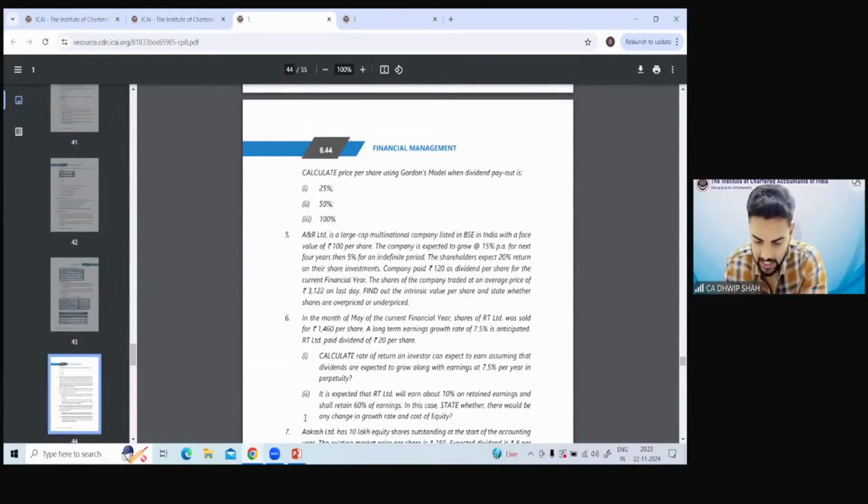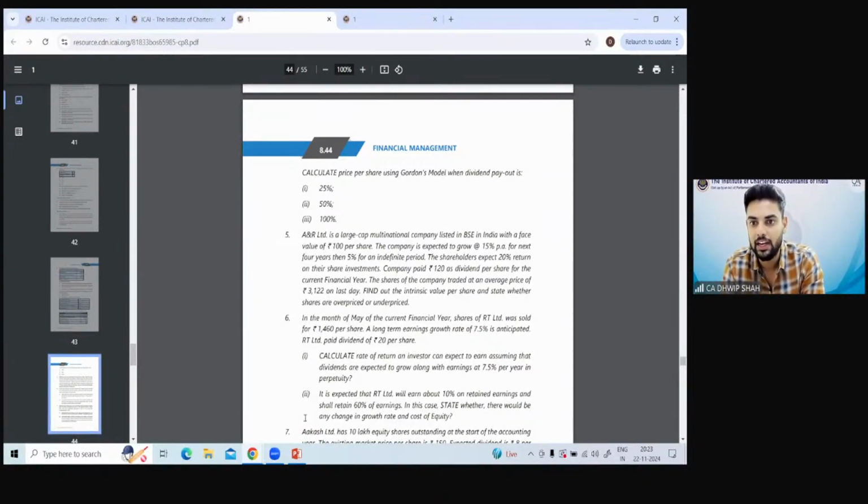ANR Limited is a large cap multinational company listed in BSE with a face value of 100 per share. Company is expected to grow at 15% for next 4 years and then 5% for indefinite period. So for 4 years, company will grow at 15%. The shareholder expects 20% return on their share investment. Means can I say this 20% is KE, our discounting rate.